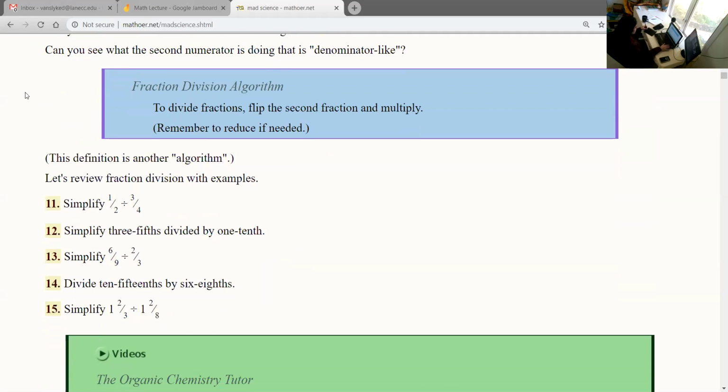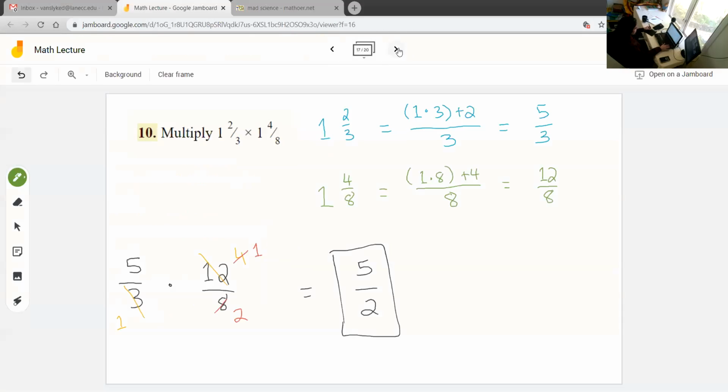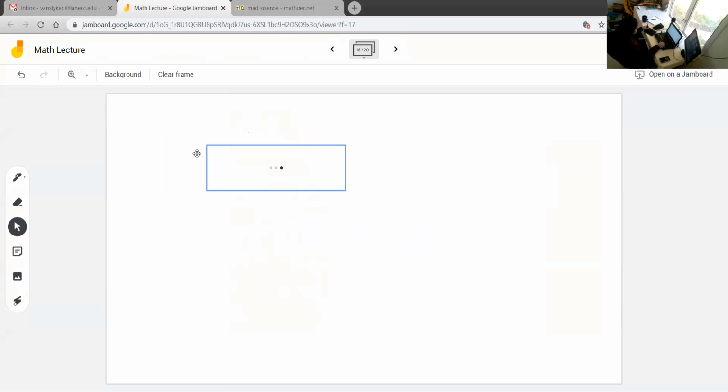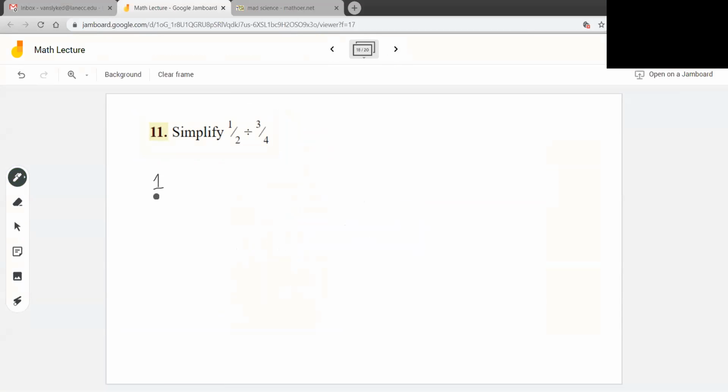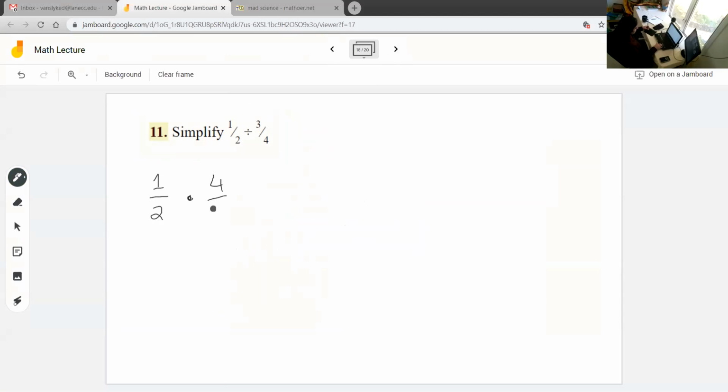But without repeating that lecture of why it works, we can just keep practicing it. So 1/2, instead of divided by 3/4, I'm going to flip it over and multiply by 4/3. Oh, look, I can cancel.